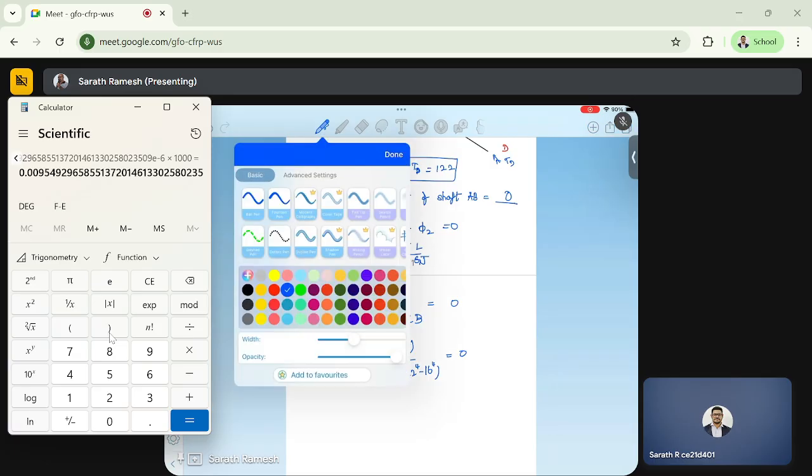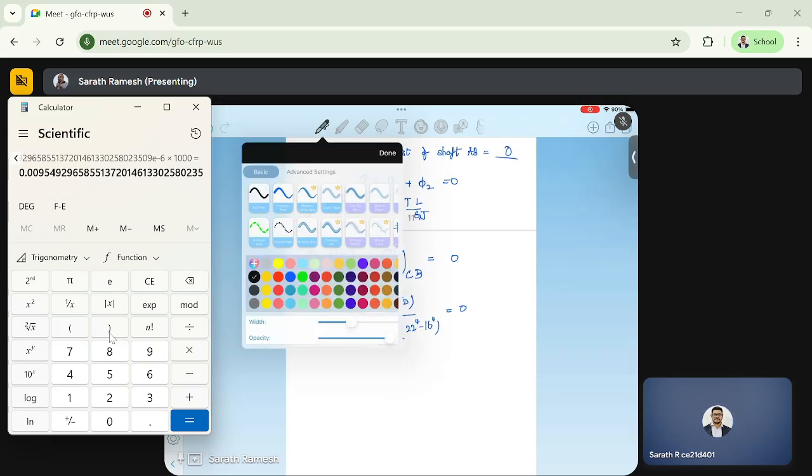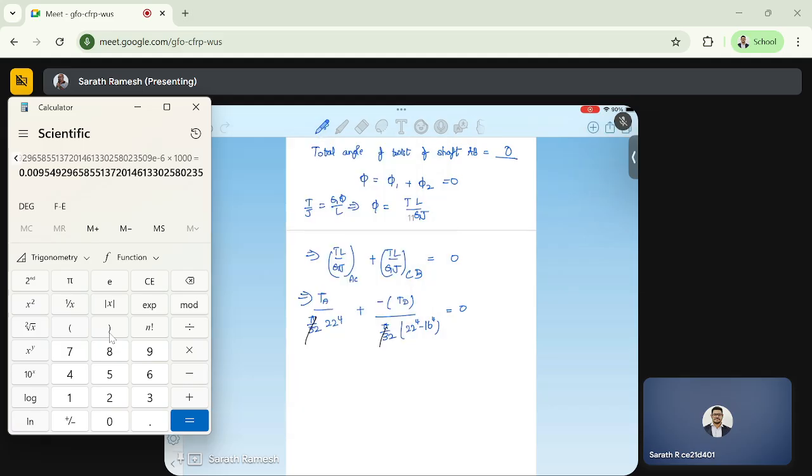So TA by 22 power 4 equals TD by 22 power 4 minus 16 power 4.